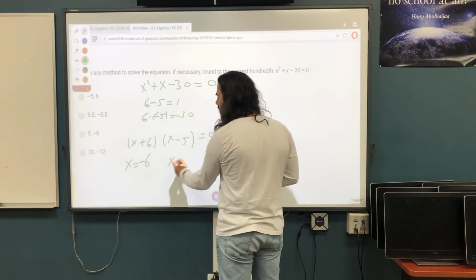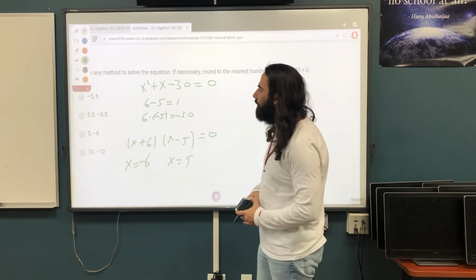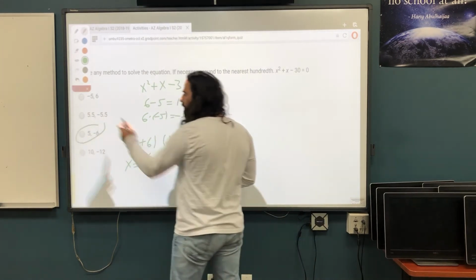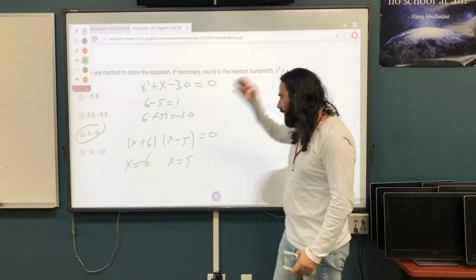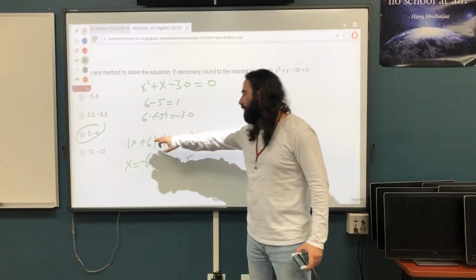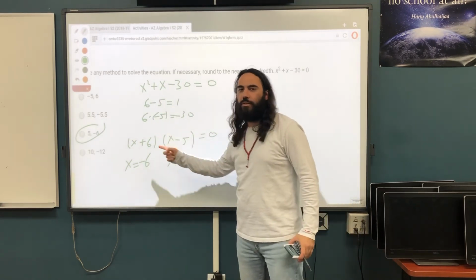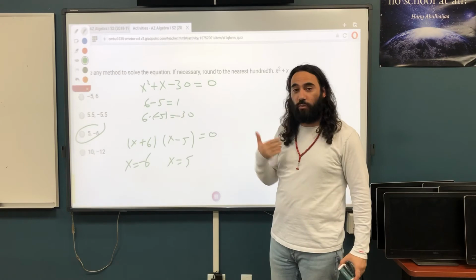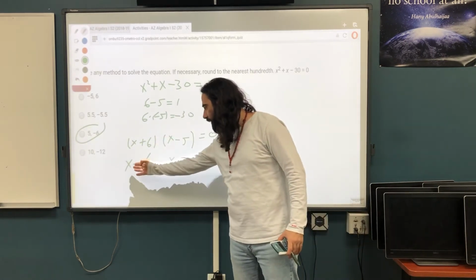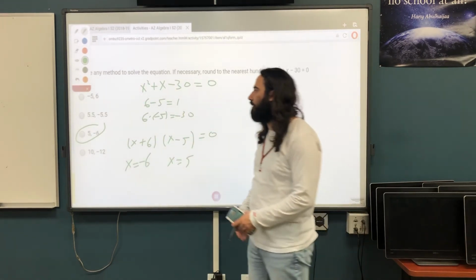It's x equals 5. So it's 5 and negative 6, which means it's this one. Why did I need 0? Because when we multiply both parentheses, the result has to be 0, so one of them has to be 0. So the only way is either x is negative 6 or x equals 5.